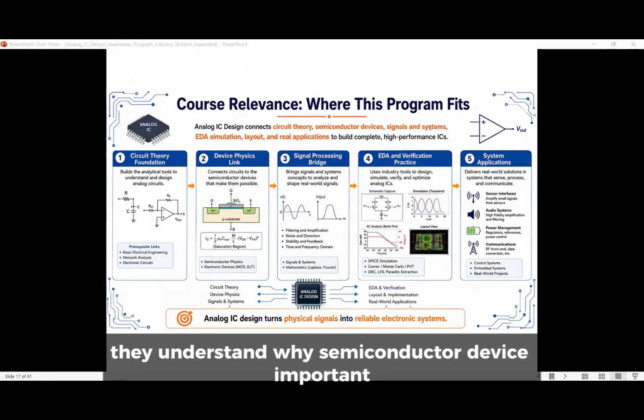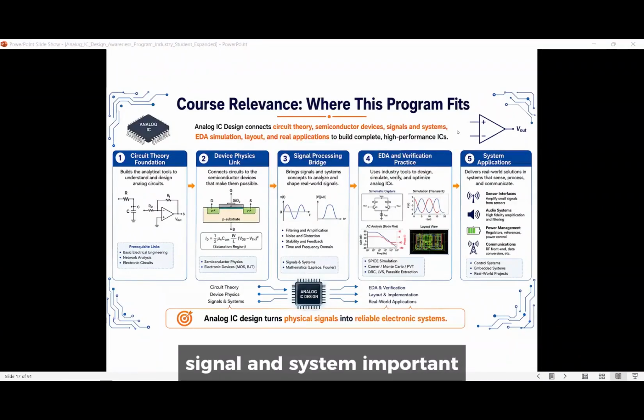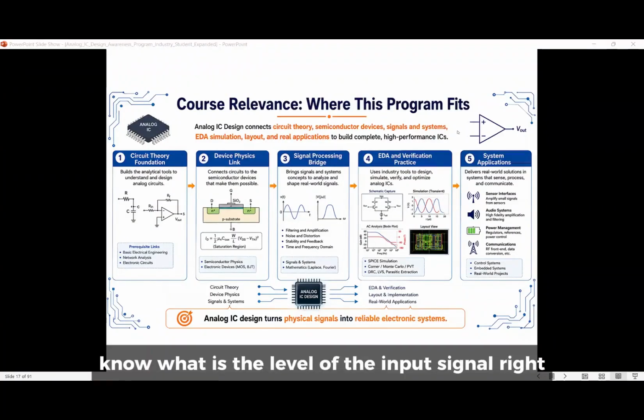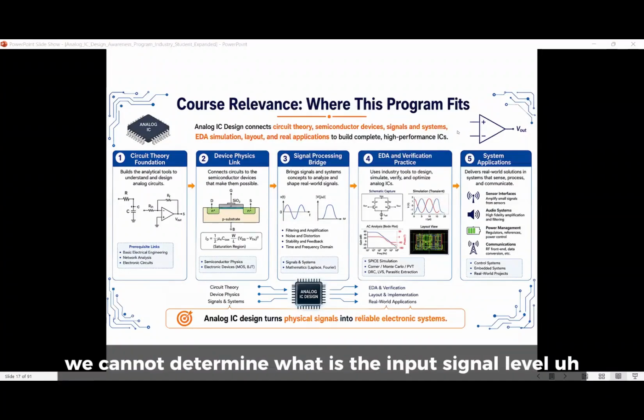They understand why semiconductor devices are important, but why is signal and system important? That is because sometimes we do not know the level of the input signal, right? As we have mentioned before, we cannot determine the input signal level.